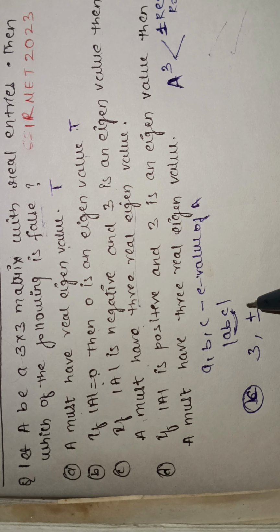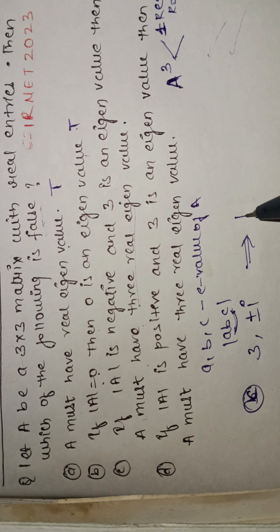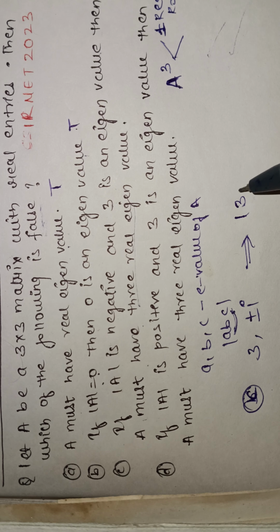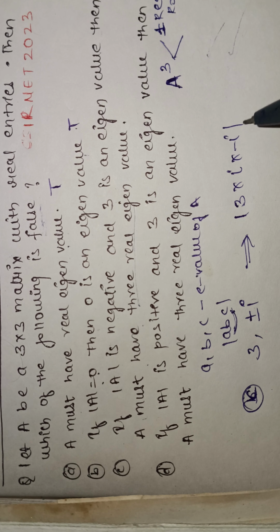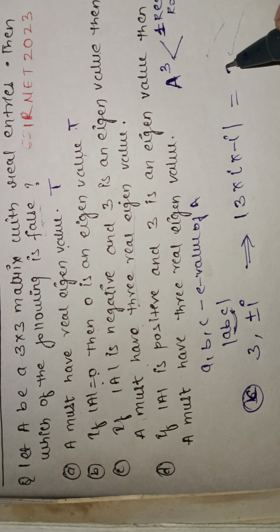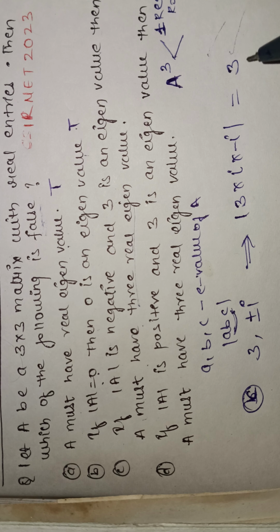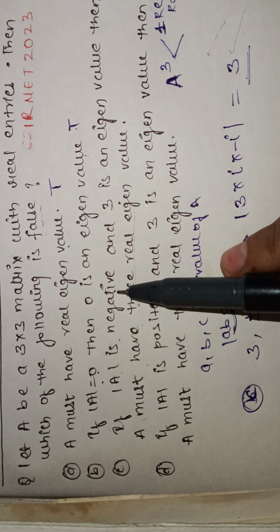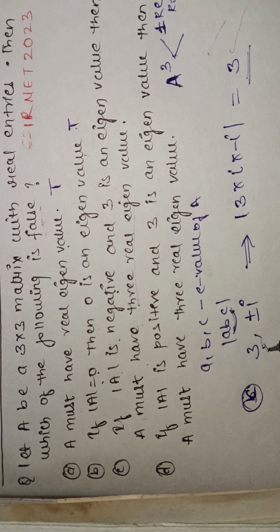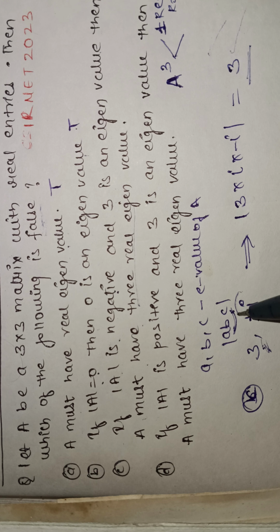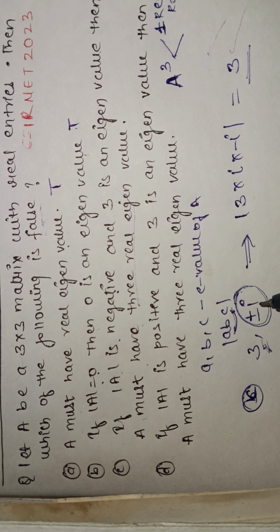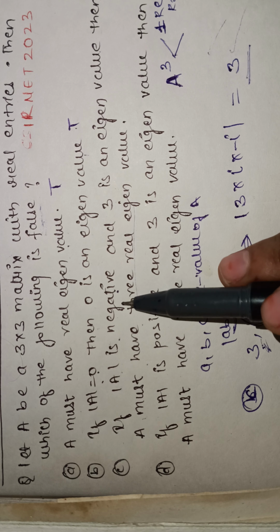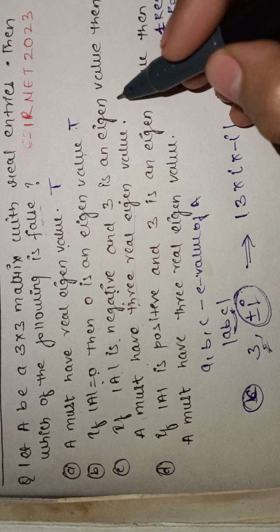So let plus or minus iota be the eigenvalues. Then the determinant is the product 3 into iota into minus iota, which is 3. So this is positive, but it is given that the determinant of A is negative. So our example is wrong. We have to take a real eigenvalue, not a complex eigenvalue, for a negative real root. So this option is also true.